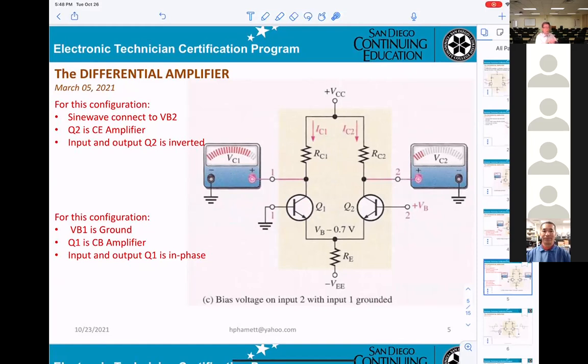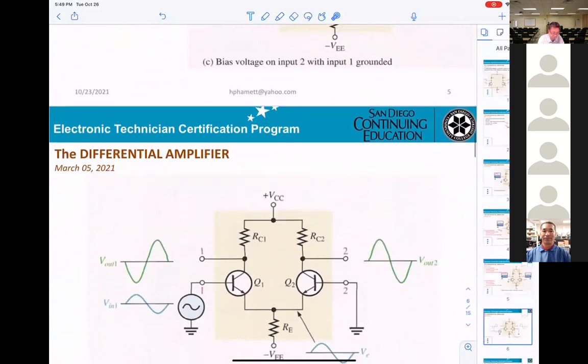Okay, any question on this configuration? If you're confused, just go ahead. I want to help you understand.